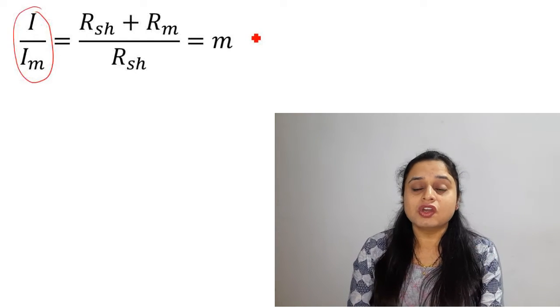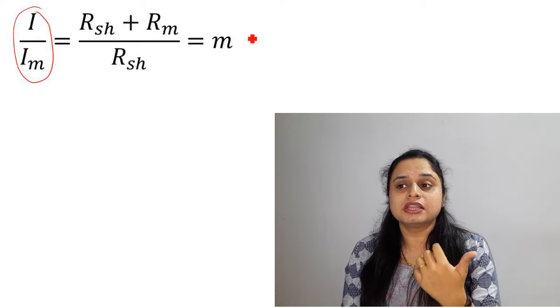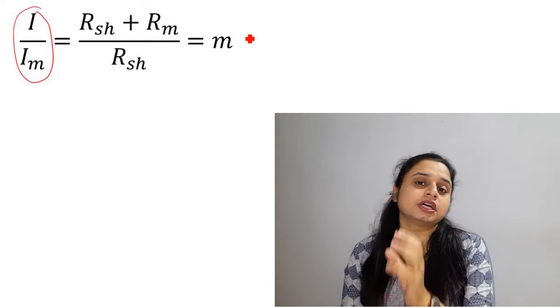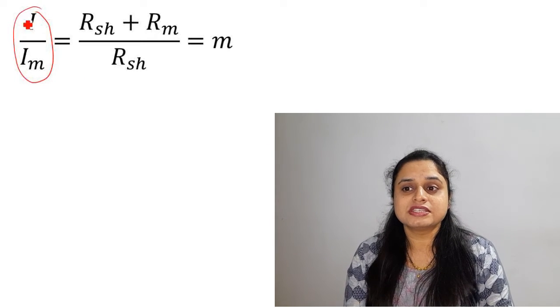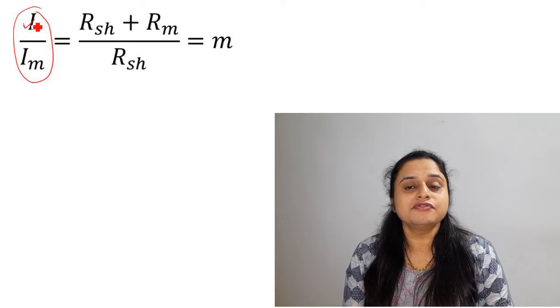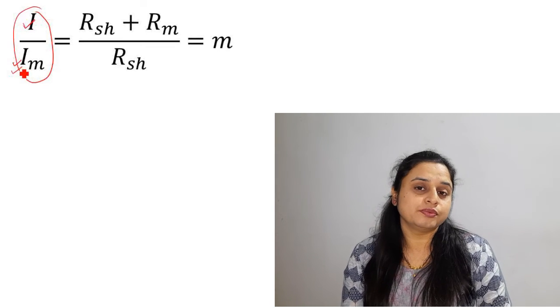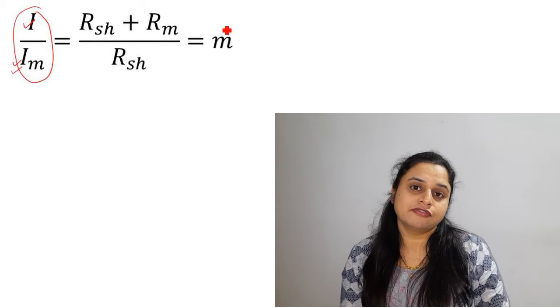It is given in the numerical that the ratio of the measured current divided by the galvanometer current is the multiplying factor. So the measured current, which we denote as I, and the meter current or galvanometer current, the ratio of these gives you the multiplying factor.